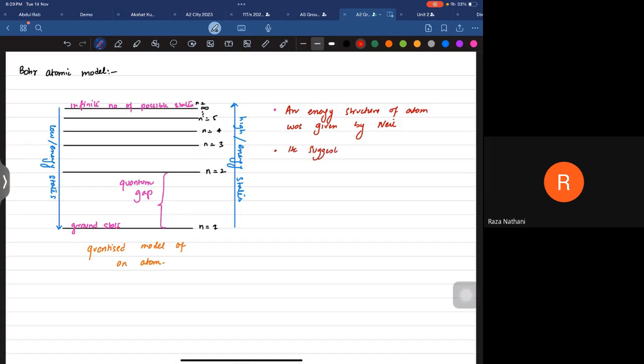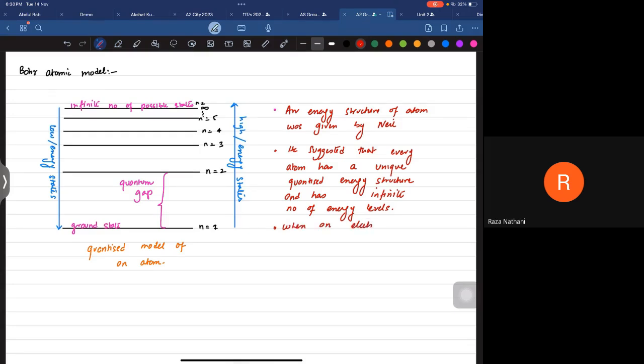He suggested that every atom has a unique quantized energy structure and has infinite number of energy states, like that, or you could write levels. That's even better.